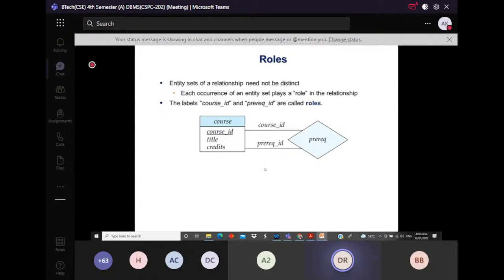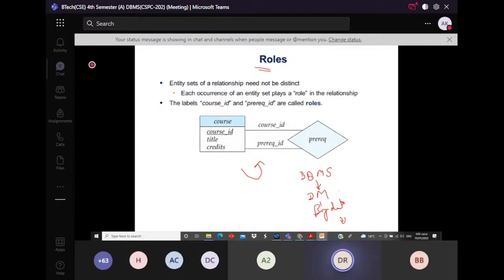The next thing is role. Role means, as we discussed in the employee relationship in the company database, a relationship can exist between the same entity. For example, DBMS is the base for any database, and after that you will learn other subjects, for example data mining, then big data, then data analytics.